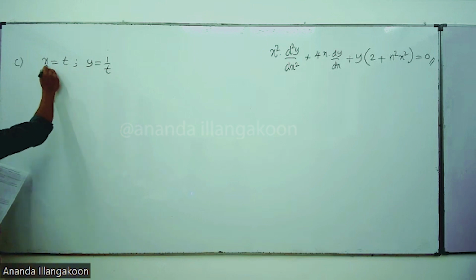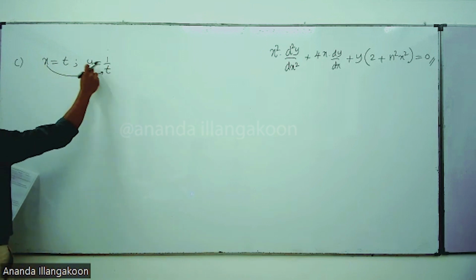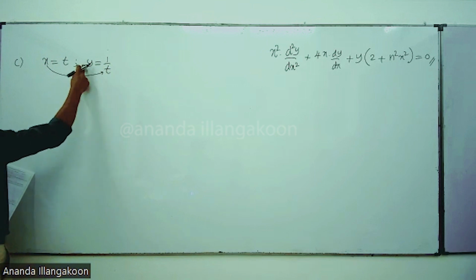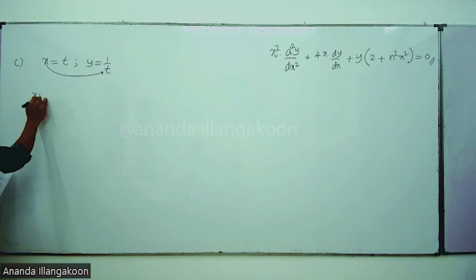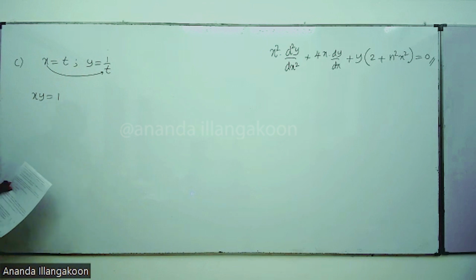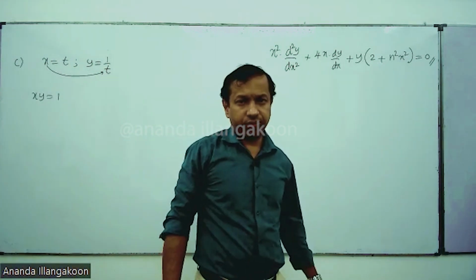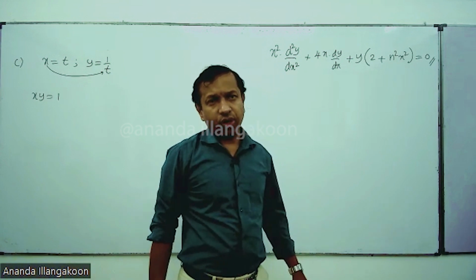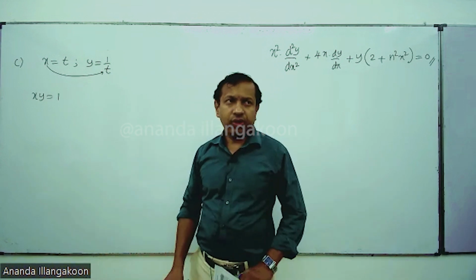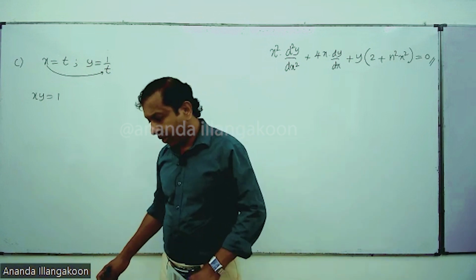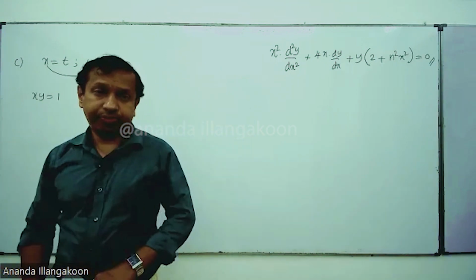So once I put here for the place of t this x, xy equals 1 we get. This is the relationship between x and y. xy equals 1. Because this xy equals 1 graph is called a perpendicular hyperbola.